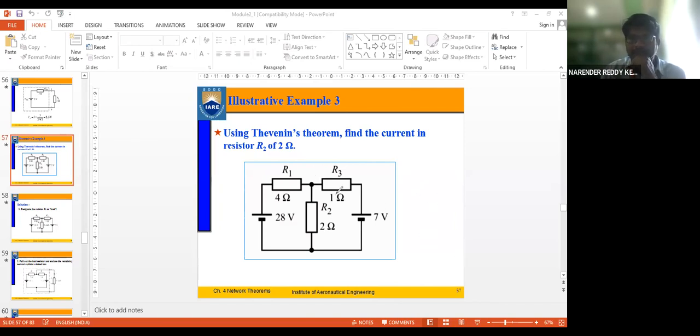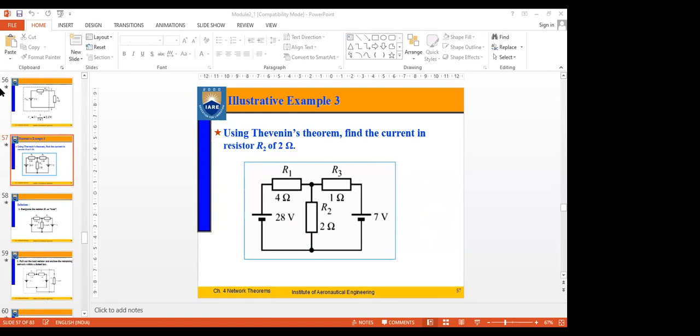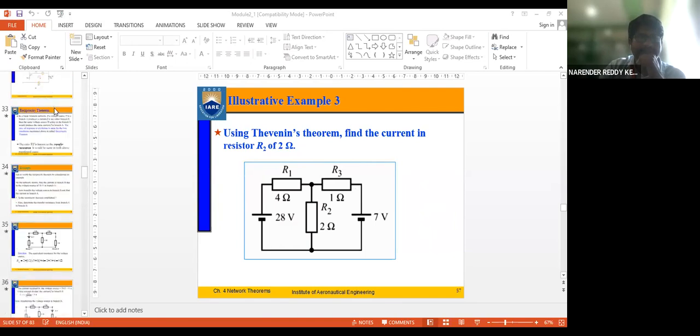So since we are not able to directly apply Thevenin's theorem, what they have done is, in the previous class we used some circuit here, right? What is the circuit which we have? Sir, we used the circuit from the superposition theorem, the very first dependent sources one.